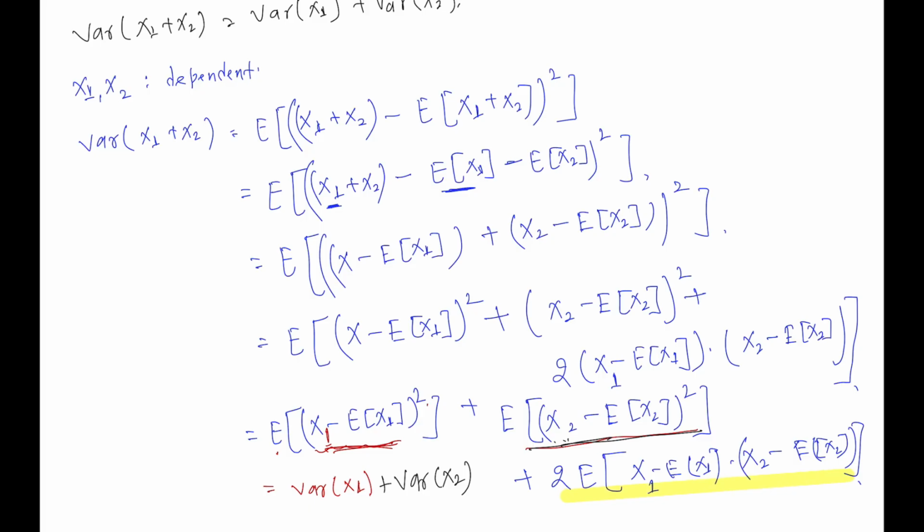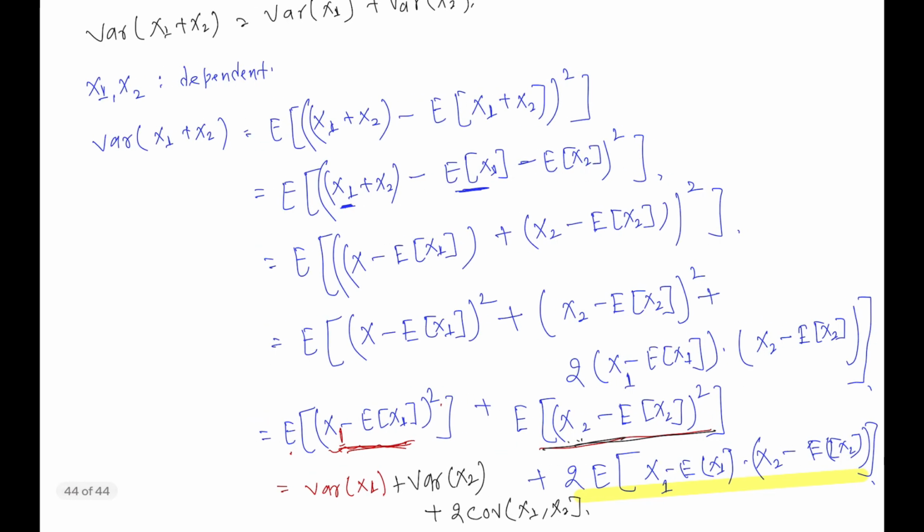This is the deviation of random variable x1 from its mean times the deviation of random variable x2 from its mean, and you are trying to find the expectation of the product of these deviations. So this is nothing but the covariance of x1 and x2. So here we will have 2 times the covariance of x1 and x2.